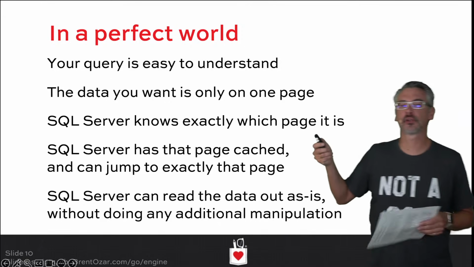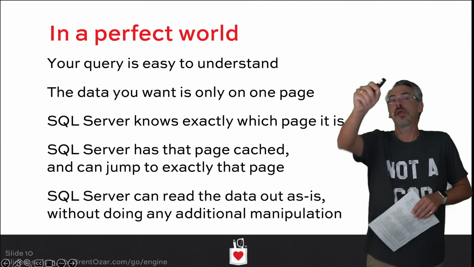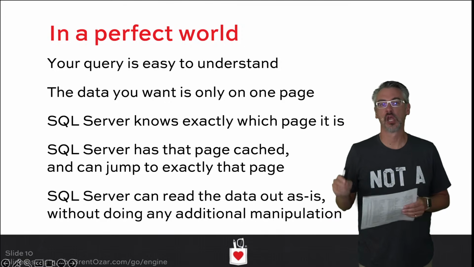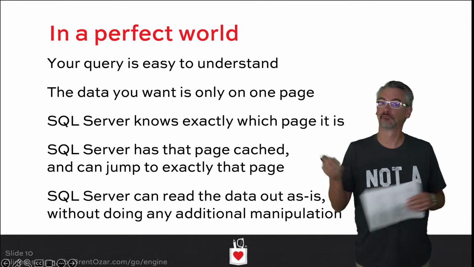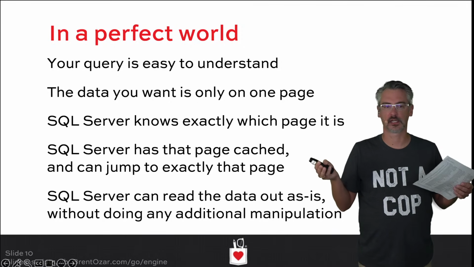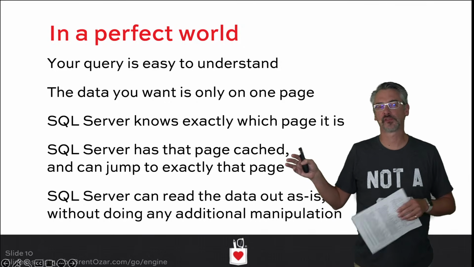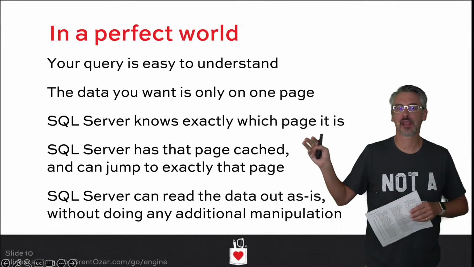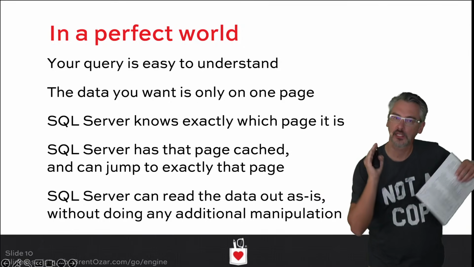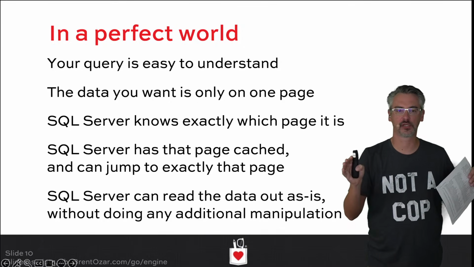Ideally, SQL Server knows exactly which 8K page it is. We're not looking for a needle in a haystack. Through the course of the next hour, we're going to look for a needle in a haystack. In a perfect world, SQL Server has that page cached in memory and can jump directly to that page.